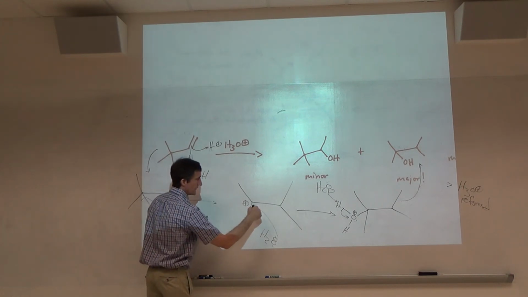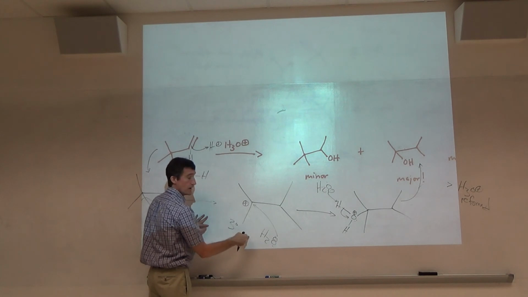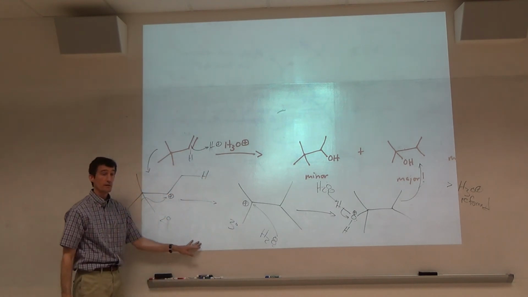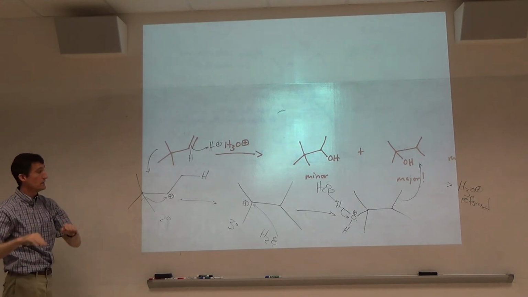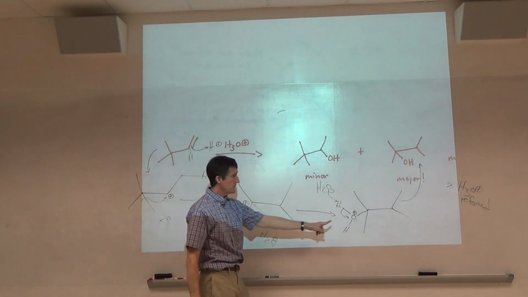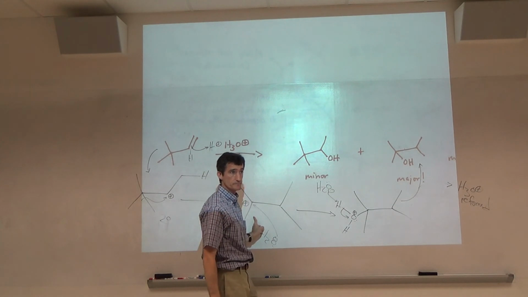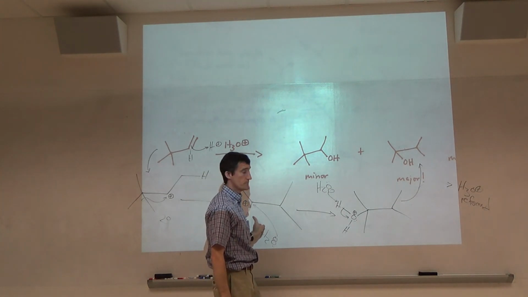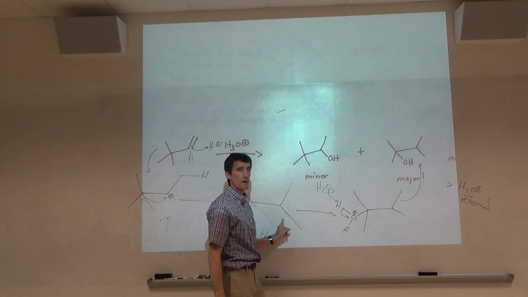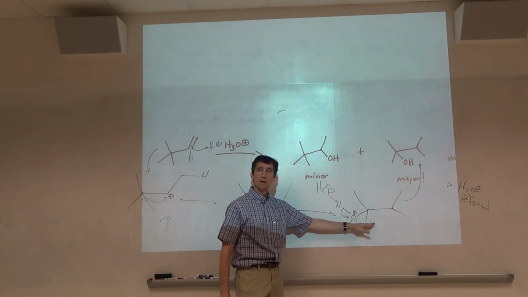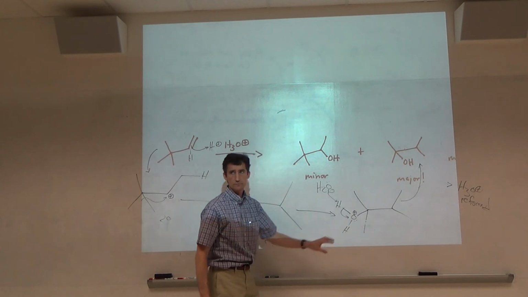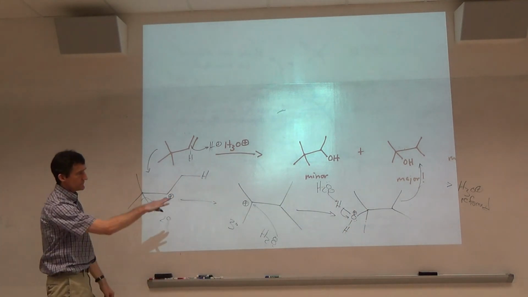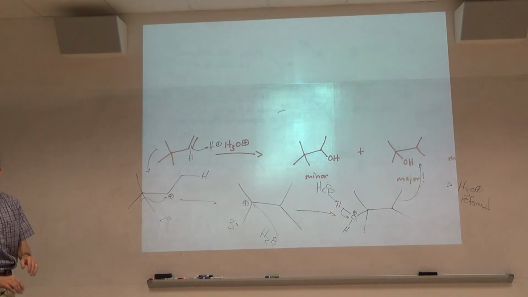Secondary. Why did you rearrange? Rearrange to a more stable tertiary. So you go to a high, then it would go a little bit lower. Where would you put this relative to this? This would be even lower, because this has all octets. And then from there, you go down to the very bottom, and you lose the proton.